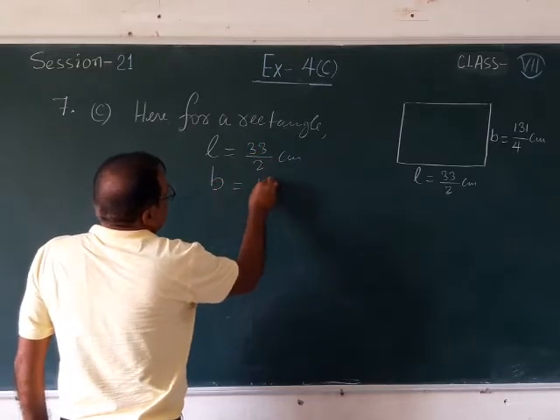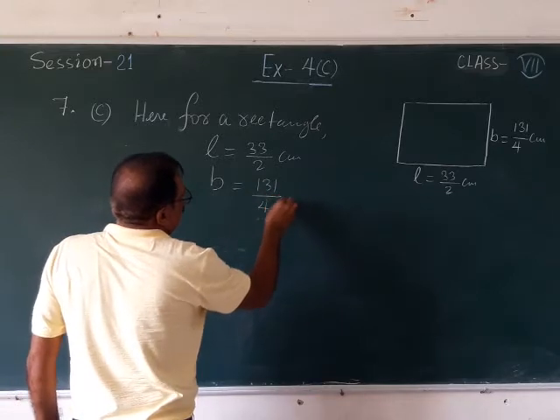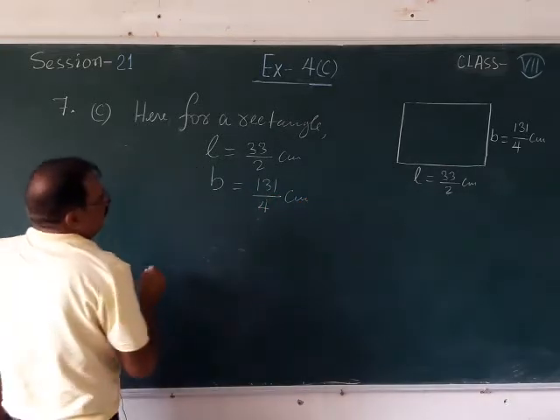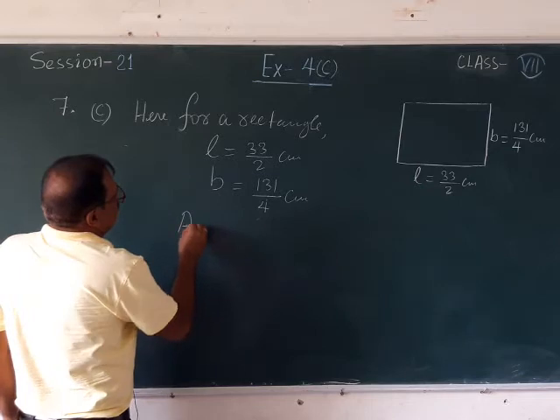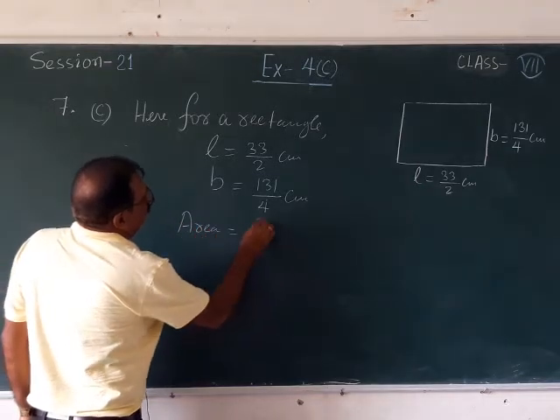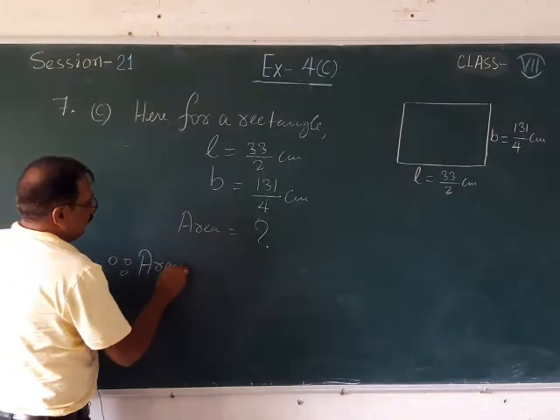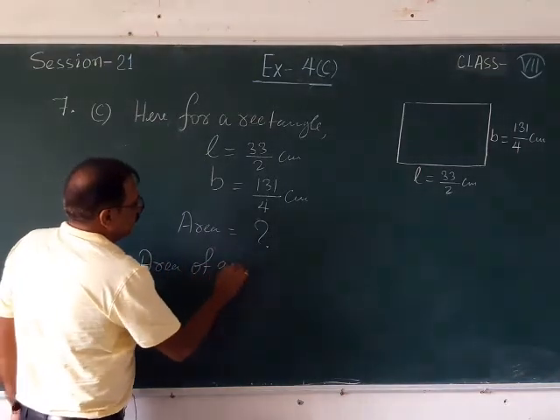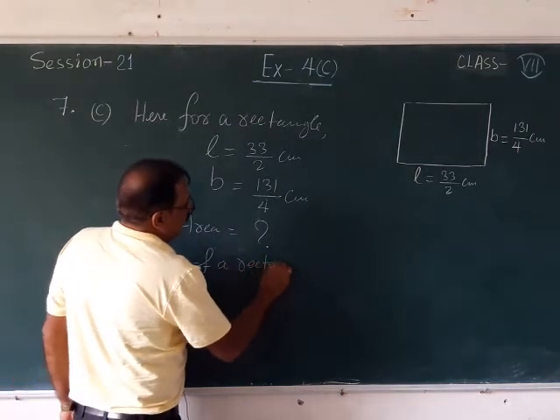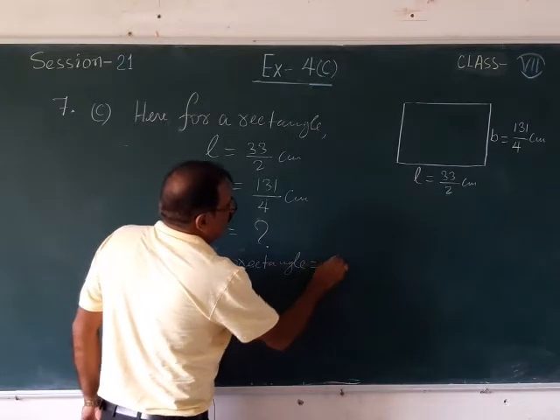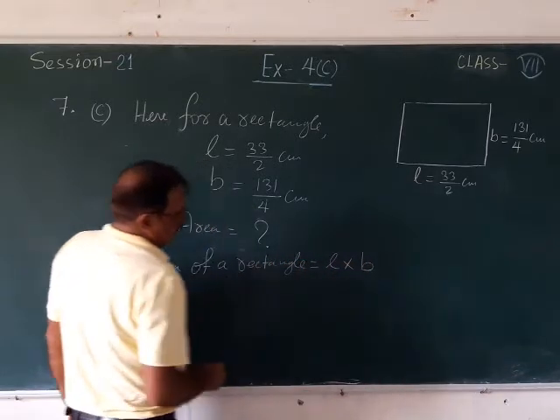Then breadth is 131 upon 4 centimeter. Then you need to find its area. What you want to find? Its area. You know that area of a rectangle is given by the formula length into breadth.